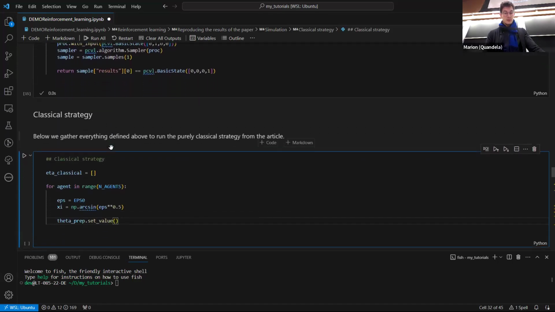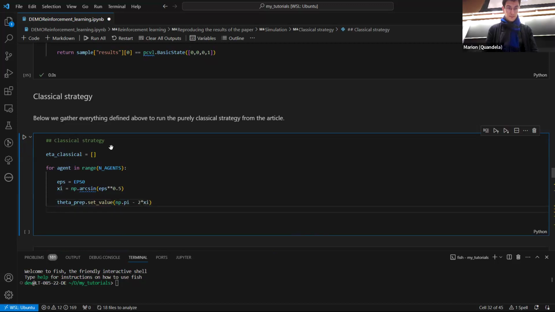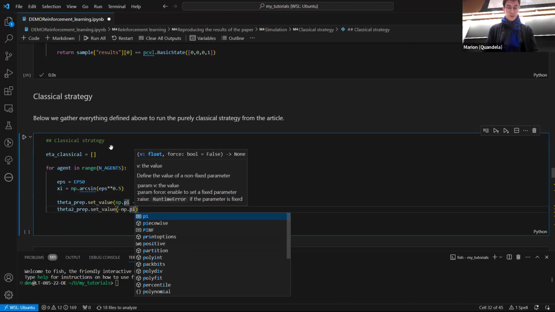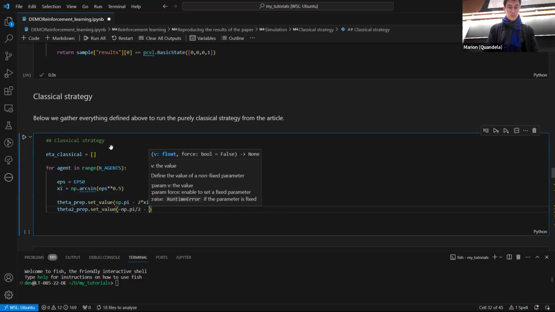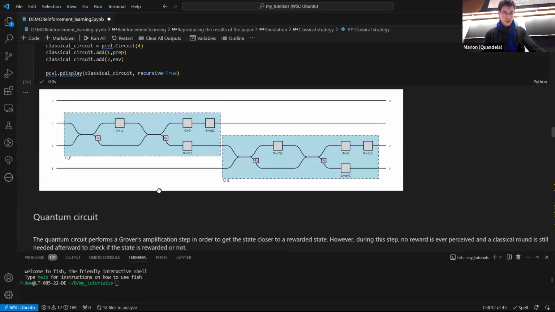So it's going to be np.pi minus 2 times psi. And theta 2, if you remember correctly, was minus pi over 2 minus, minus what?